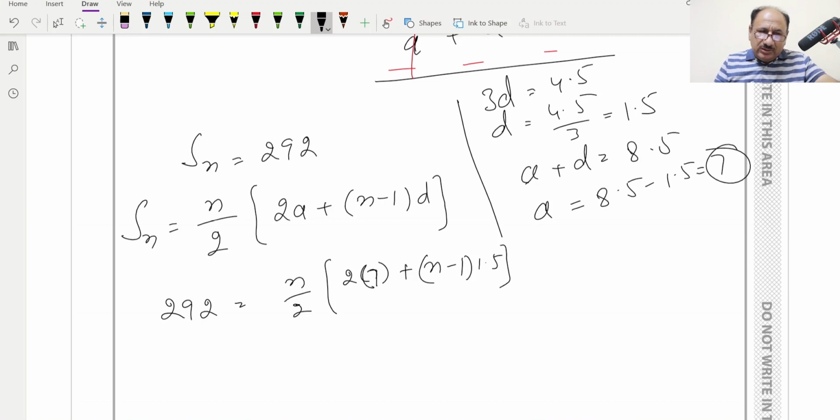So 292 will be multiplied by this 2. We'll shift this 2 to the other side.